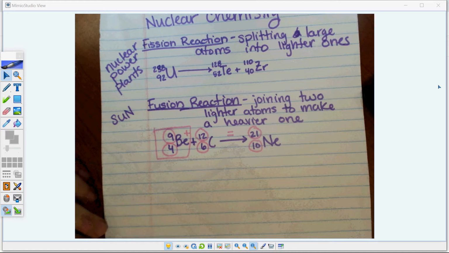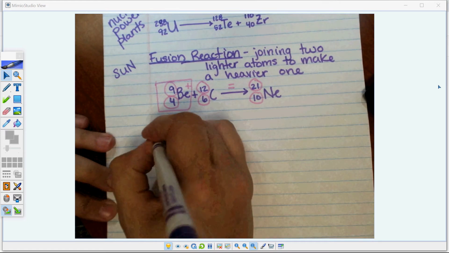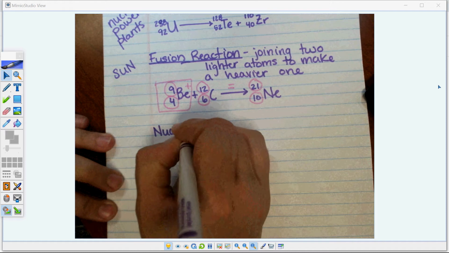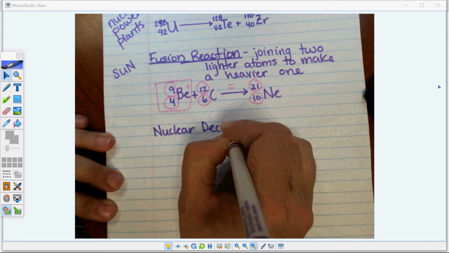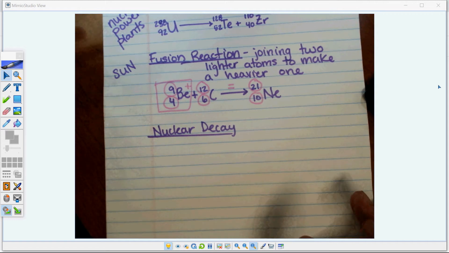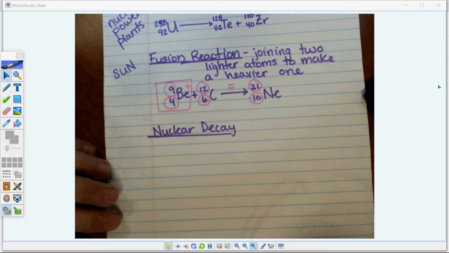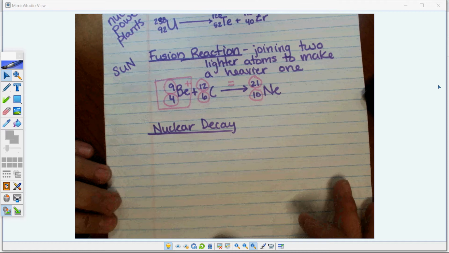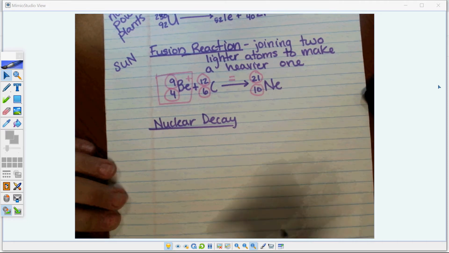Then we also learned about nuclear decay. So nuclear decay occurs when a radioactive atom decays, or it breaks apart and it releases certain kinds of particles. And there's a couple different types of decay that you have to know about.